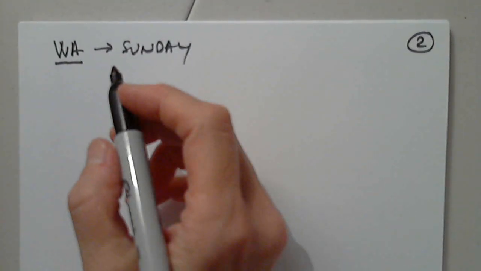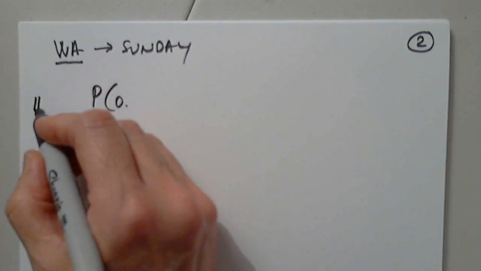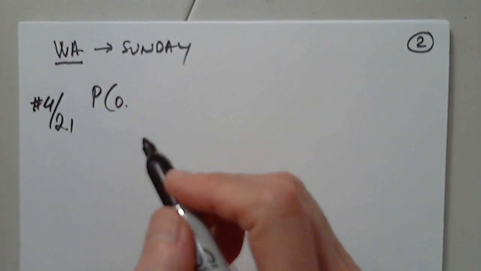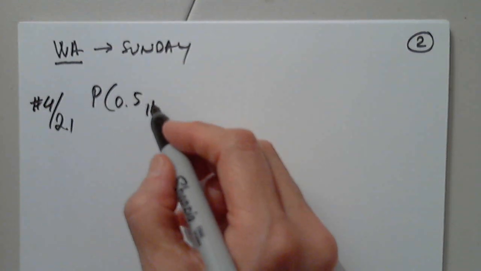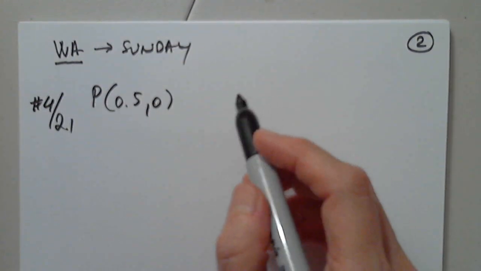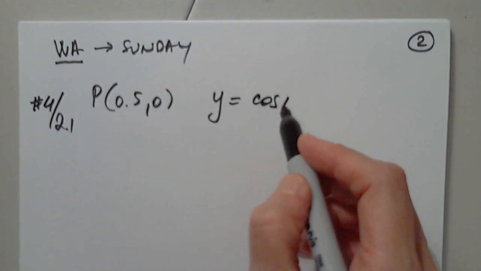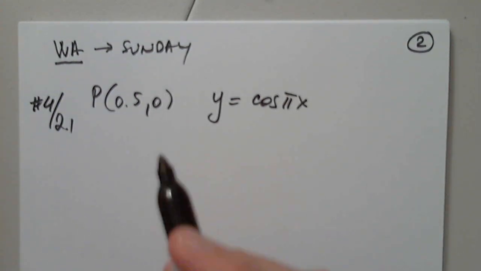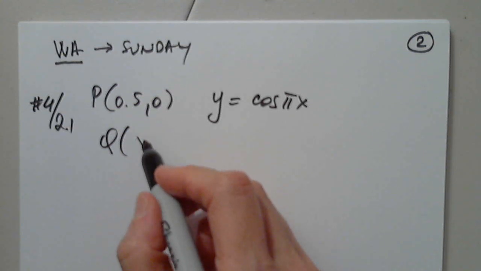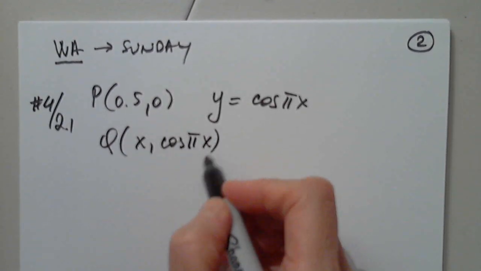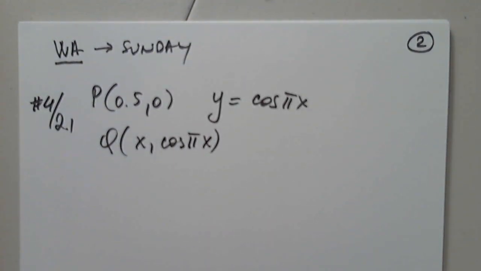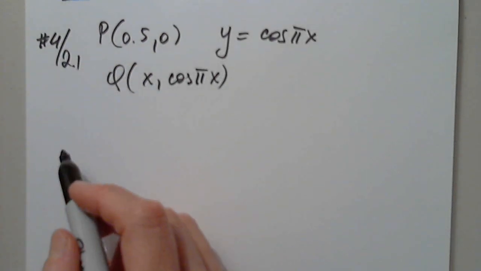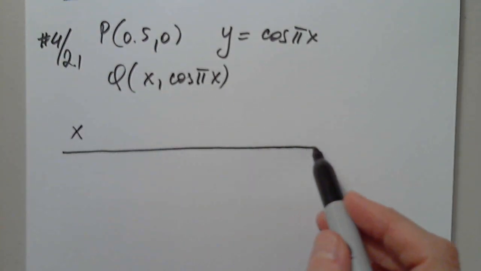In 4 we have a point, this is 4 in 2.1, (0.5, 0), and we have y equals cosine pi x. If Q is the point, Q will be (x, cosine pi x). Find the slope of the secant line PQ. When I'm given something like this, I will put the values in the correct order. This is not the correct order.